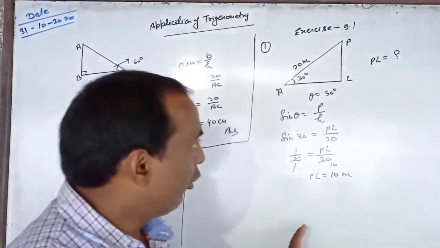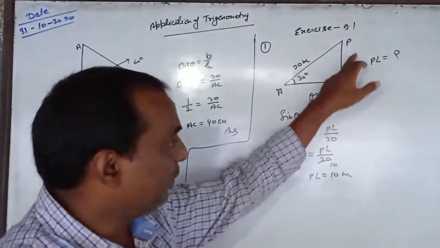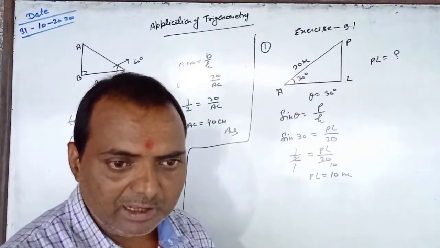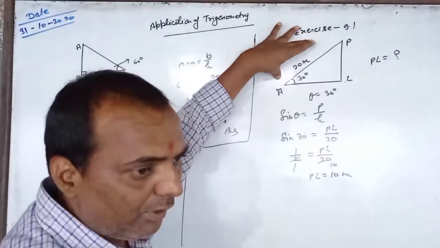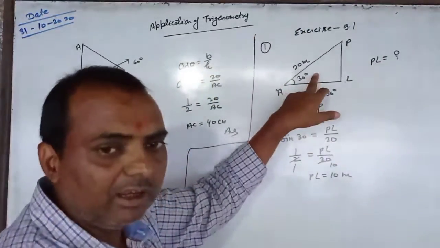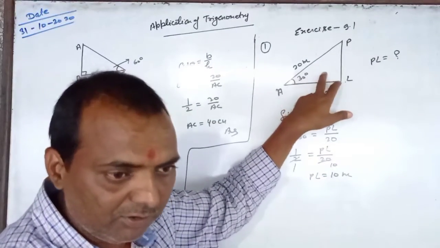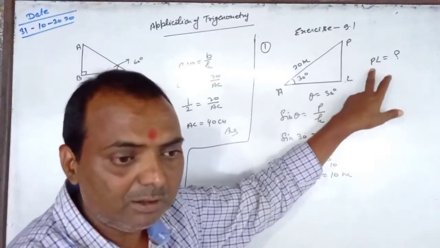Okay, according to the question, ALP will form a right angle triangle in which the rope, it means the hypotenuse, is given 20 meter, and the angle of elevation is 30 degree, and we have to find the perpendicular, I mean PL.